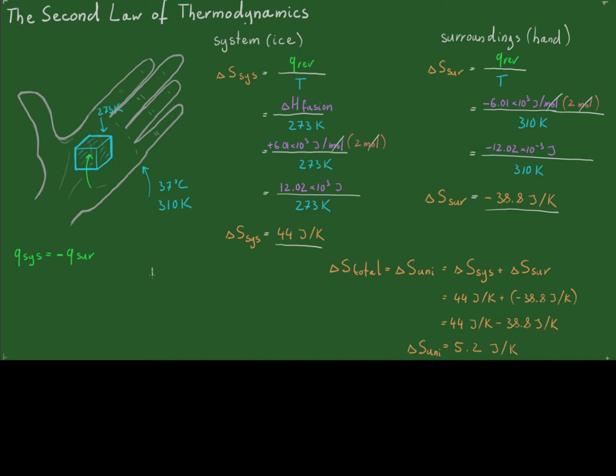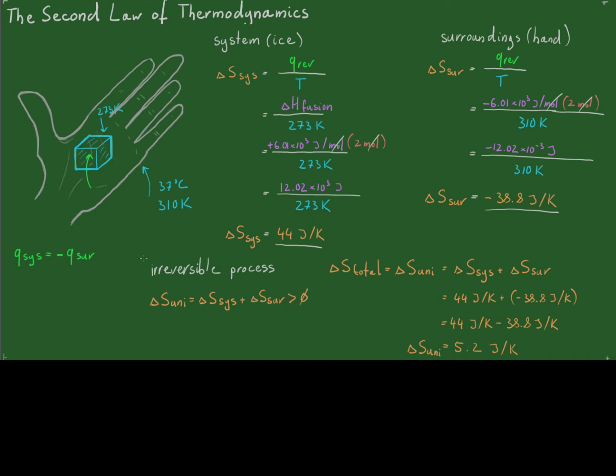So let me write that down. So irreversible process, which is the entropy change in universe equals entropy change of the system plus entropy change of the surroundings is greater than 0.